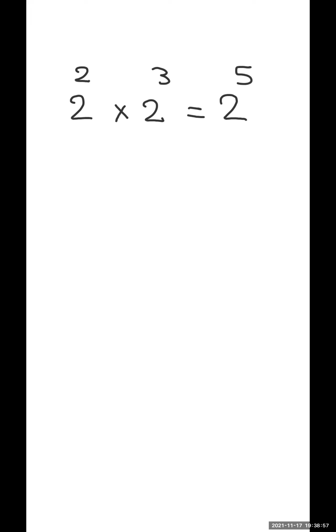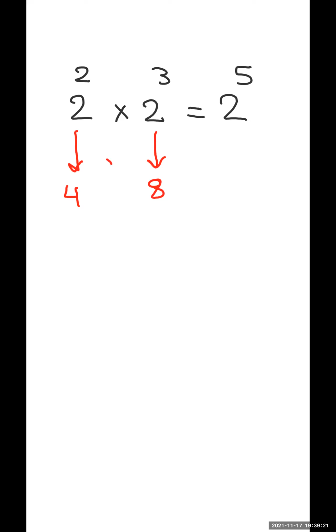Okay, now, if I want to check that rule, 2 to the power 2 actually equals 4, and 2 to the power 3 is 8, because 2 to the power 2 is 2 times 2, and 2 to the power 3 means 2 multiplied by itself 3 times: 2 times 2 times 2, so it will equal 8.